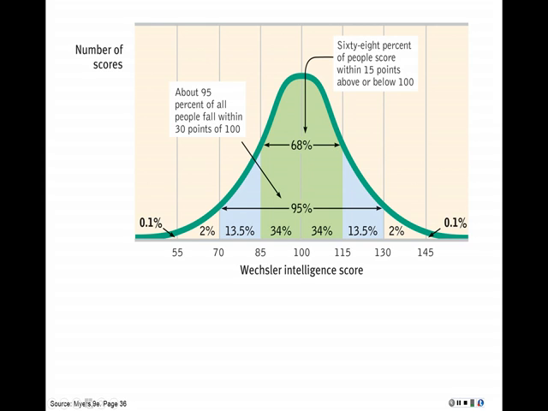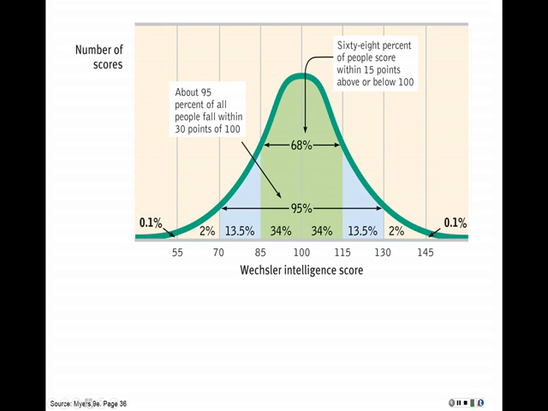So this is one standard deviation below the mean, and this is one standard deviation above the mean. So that means that 68% of the population score between an 85 and 115 on intelligence tests.